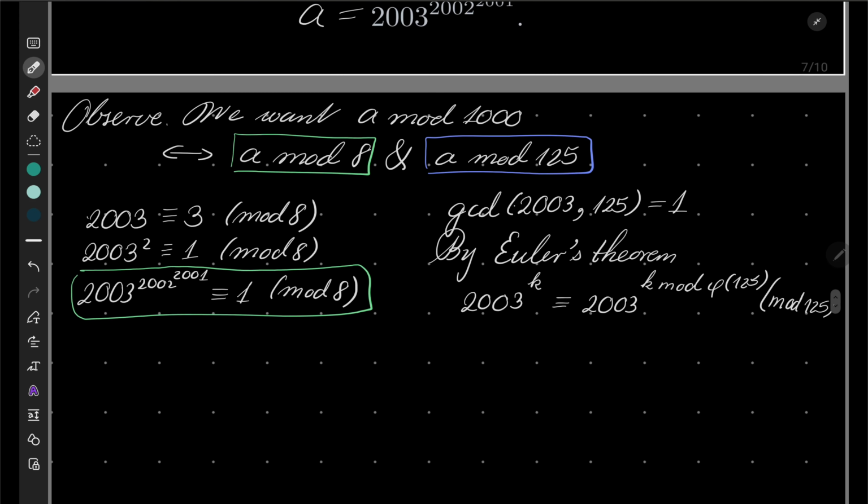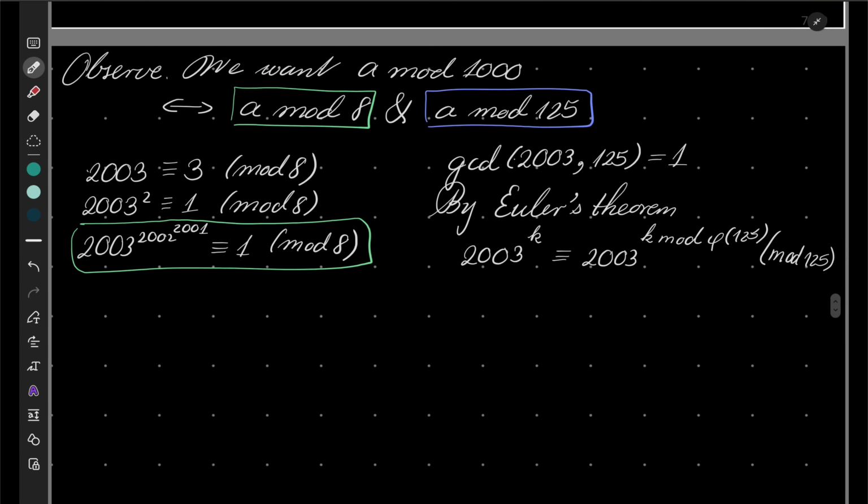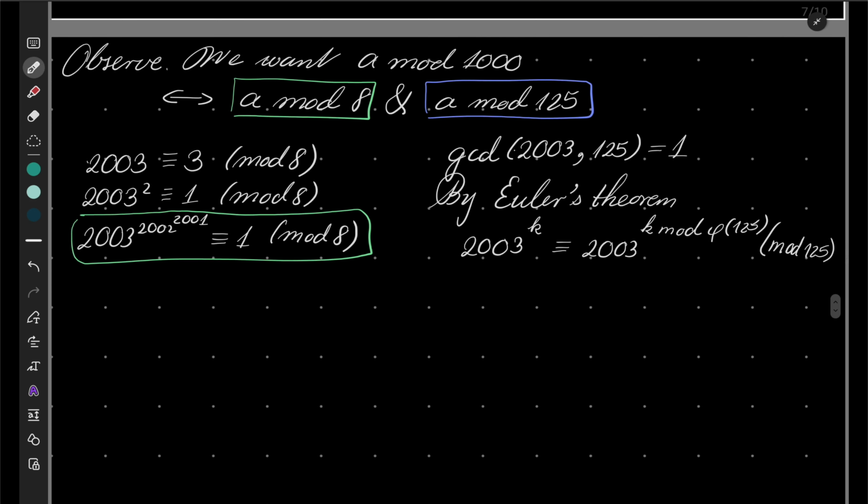Okay, and now, what is phi of 125? By one of many well-known properties of Euler's function, when we have a power of a prime, phi of 5 cubed is 5 cubed minus 5 squared.